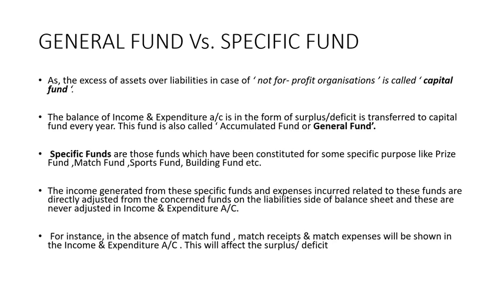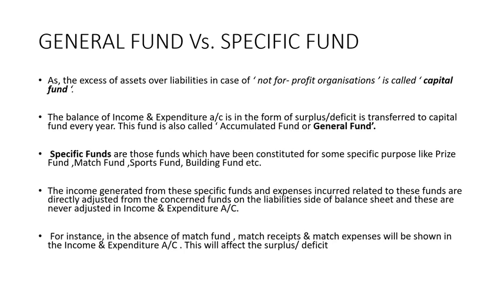So now think about the next line. Income generated from the specific funds will increase the fund, and the expenses related to the funds will reduce the funds. The items related to the specific funds are shown on the liability side in the balance sheet.